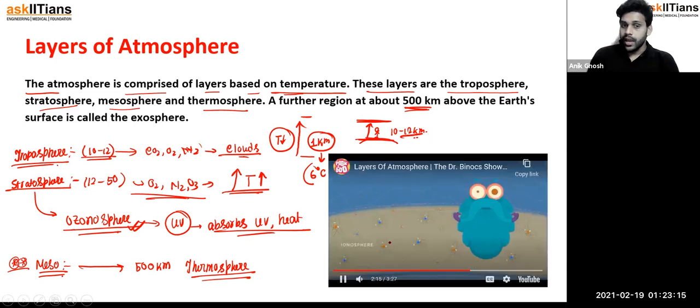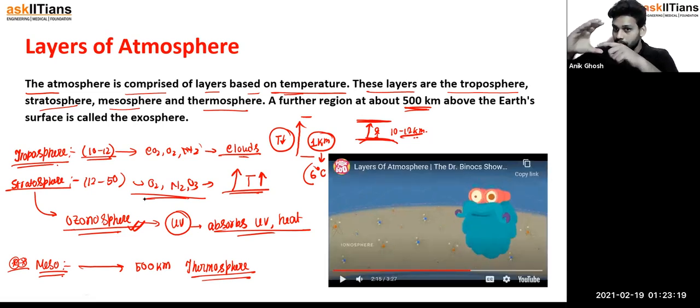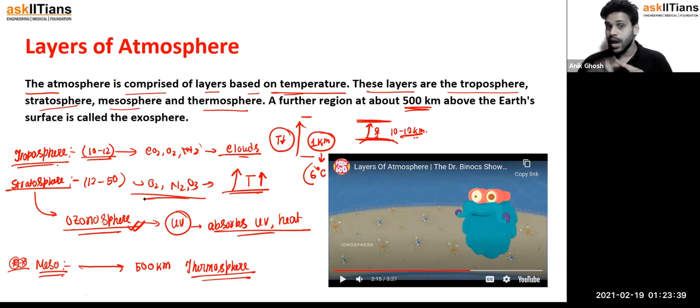In the thermosphere, the lower part is called the ionosphere. Here everything remains in ions. All the radio waves, the telephonic waves, all the waves in your mobile and in the radios, flow through the ionosphere only.